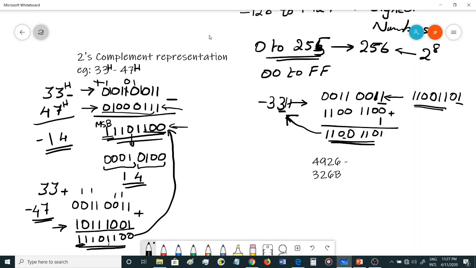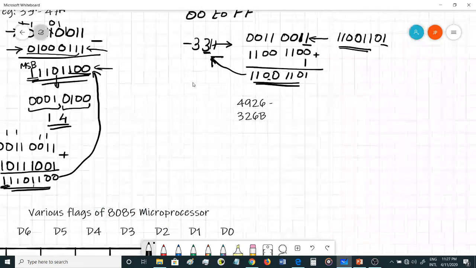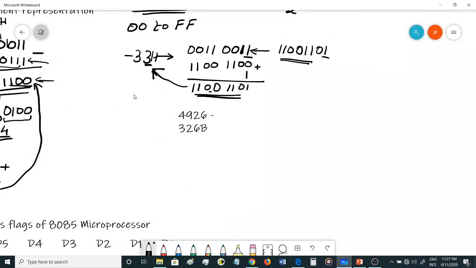Now we can also look at one more example. This is a very interesting example over here. So let's say you want to subtract 16-bit data. Now these are all hexadecimal numbers. So we are going to subtract a 16-bit data from another 16-bit data, 4926 minus 3265.